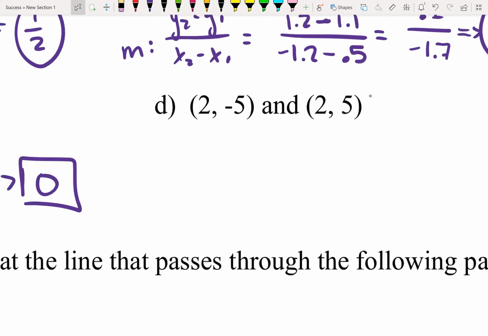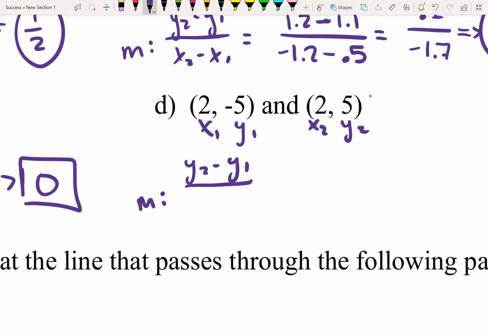Last one, we've got x1, y1, x2, y2. Notice that's why I like to do the same thing every single time. It's a little repetitive, but it also helps me learn it and make sure that I really know it well. So I always rewrite it. Got my y2 is 5 minus y1 is negative 5 over 2 minus 2.